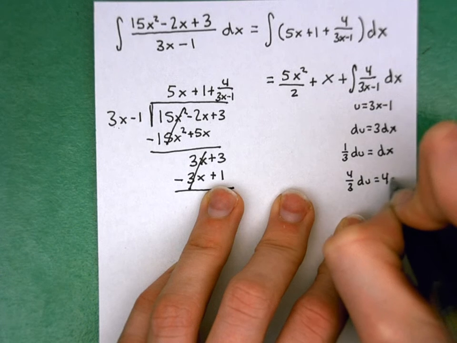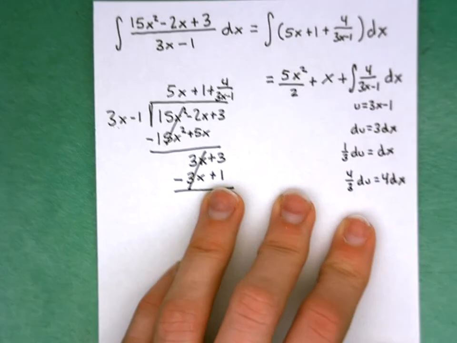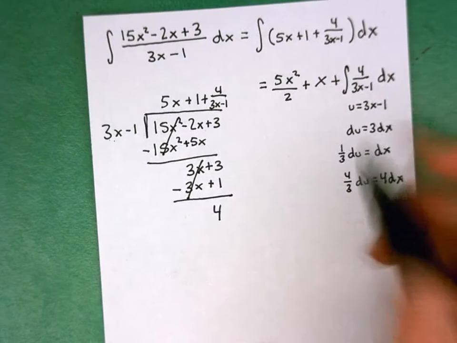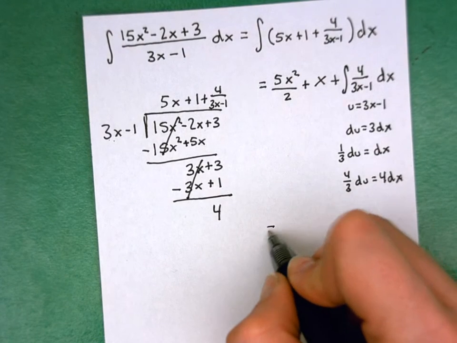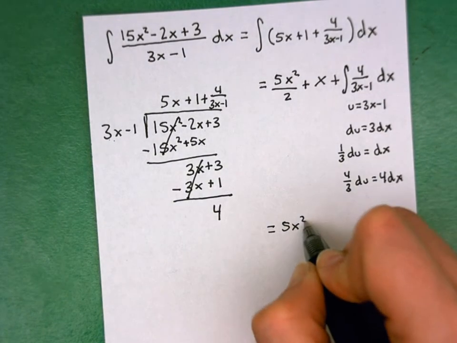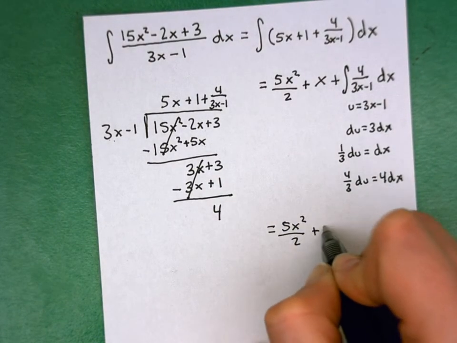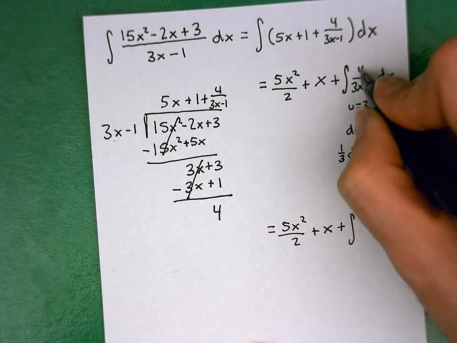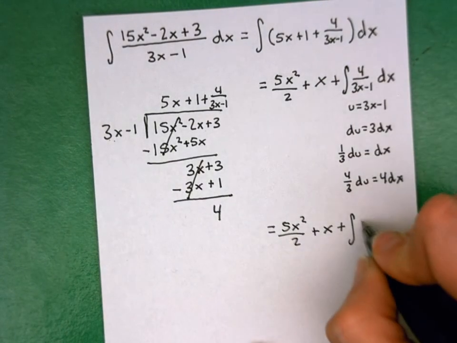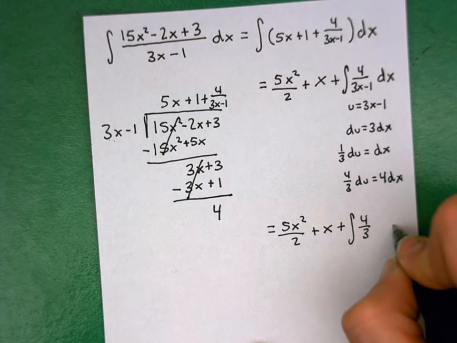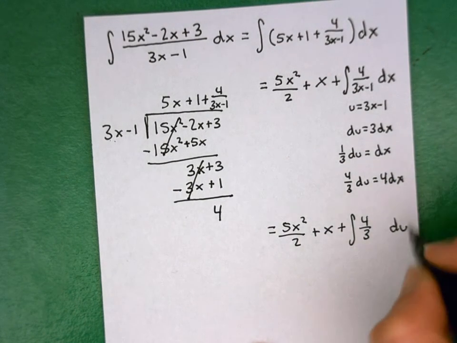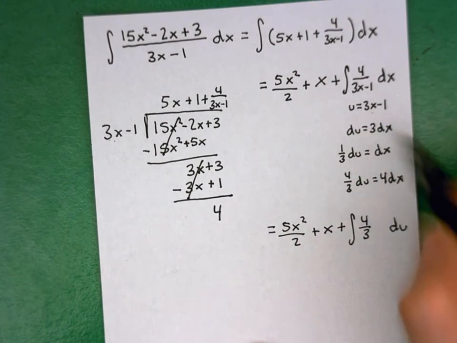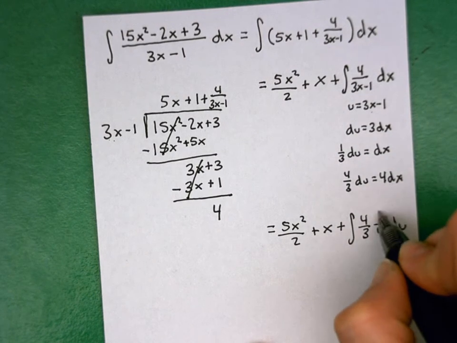So now it matches my 4dx. So I'm going to go ahead and do my u du substitution. I'm going to bring down this 5x squared over 2 and this plus x. The 4dx is going to become 4/3 du. The 3x minus 1 is going to become u.